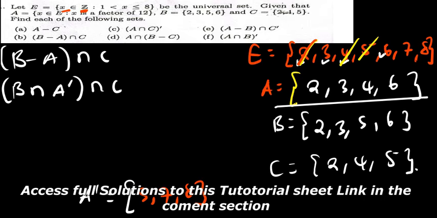Now we want to intersect the numbers that are found in A complement and B. A complement is here and B is this one. The only number found in both A complement and B is 5. Then, what numbers are found in C?